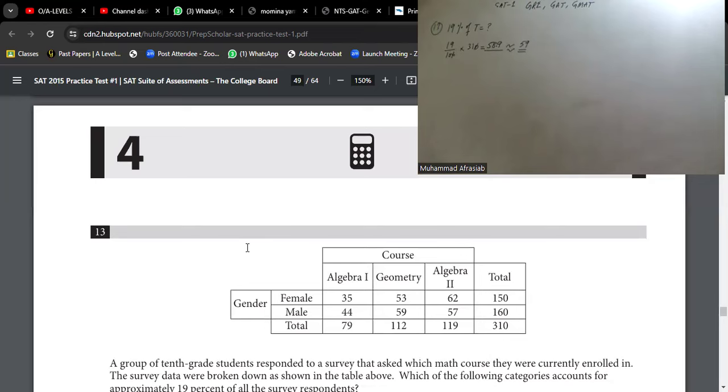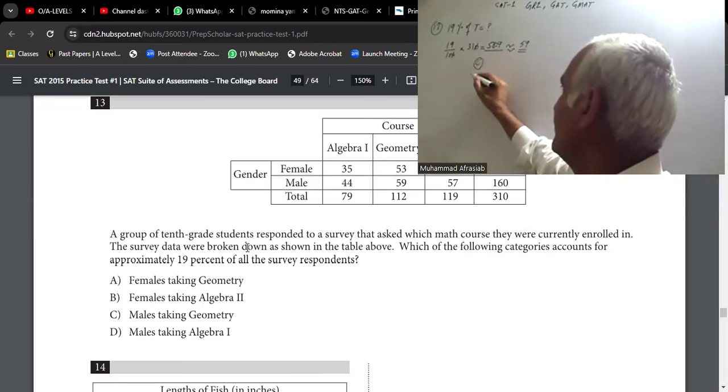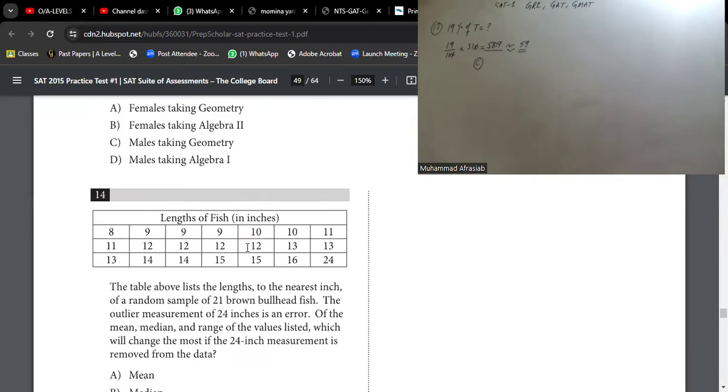So we will see the answer for this portion. Female students, not, and the third part, C, is male students for geometry. So the answer is C. That is the male students in the geometry part of this question.